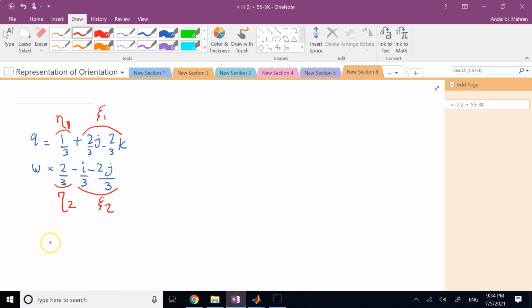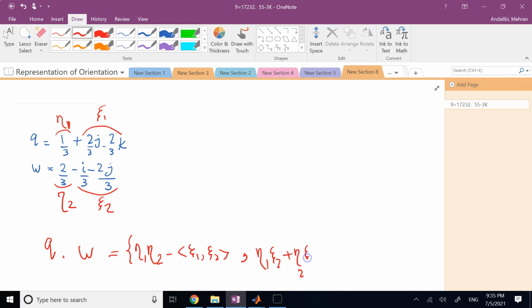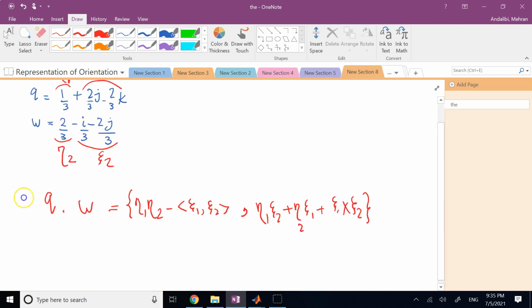So if you remember, Q times W is equal to: the real part is eta 1 eta 2 minus the dot product, and the imaginary part is eta 1 zeta 2 plus eta 2 zeta 1, and then plus zeta 1 cross zeta 2.